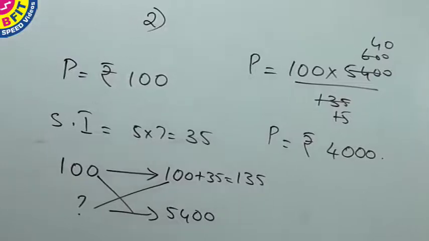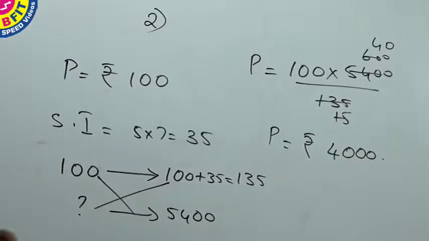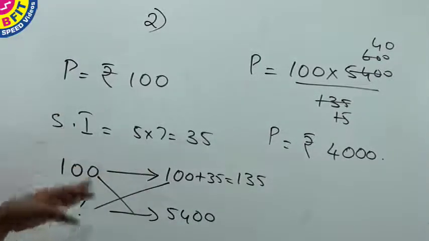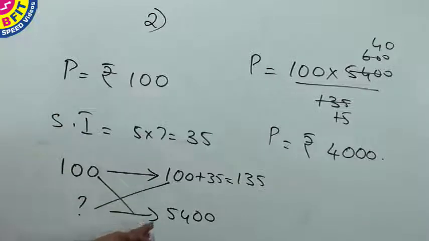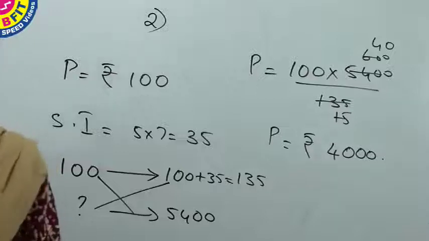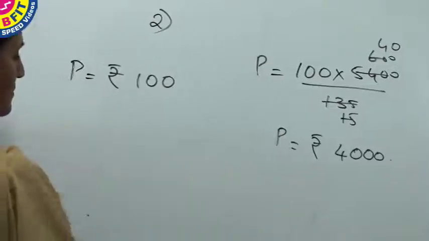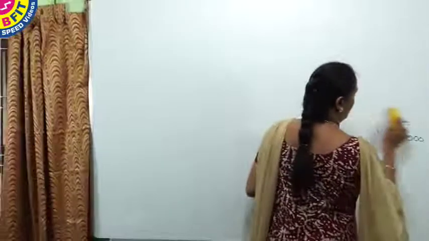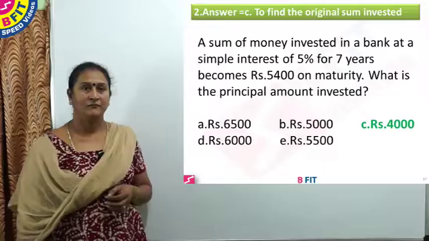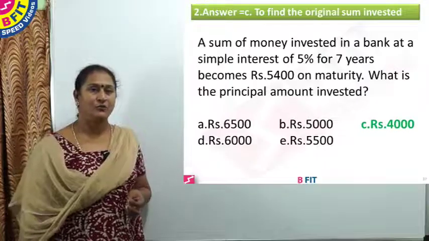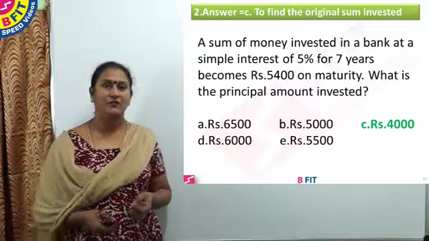So if a sum of rupees 4,000 is deposited for 7 years at 5%, the amount realized on maturity is rupees 5,400. And the answer for question number 2 is option C, rupees 4,000.